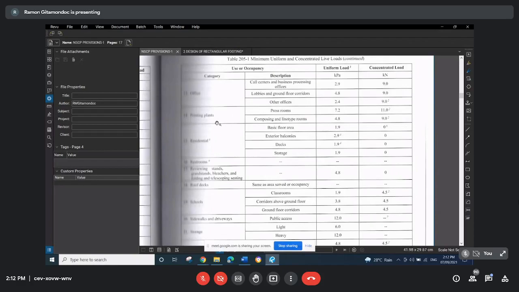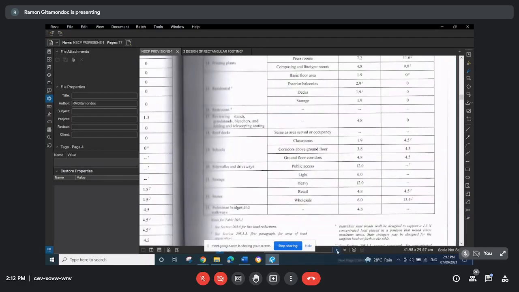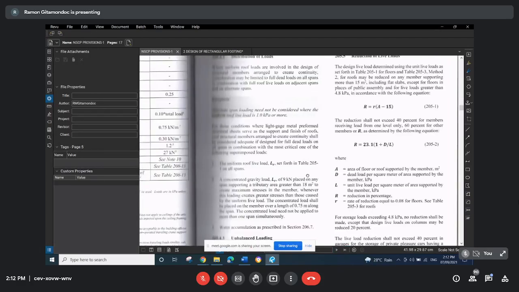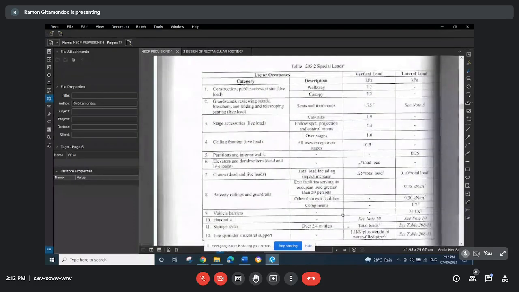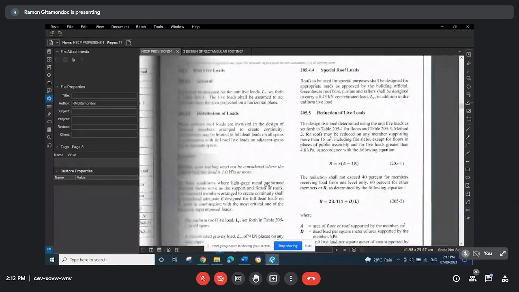So office, and in residential, so basic floor area, exterior balconies, deck, storage. So you have their corresponding values. Ania ang continuation sa table.